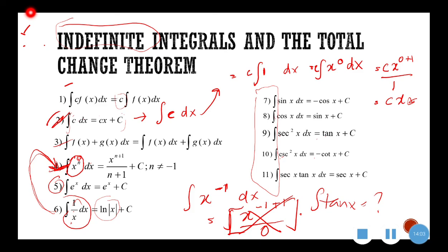No. Cos, no. Okay, you differentiate tangent, what do you get? You get secant square. So that is why it is not in the list, because none of the functions, if you differentiate, gives you tangent x. But does it mean that we can't integrate tangent x? No, we can integrate tangent x, but we need a specific technique to solve this. So please be patient, stay tuned. We will discuss that soon.